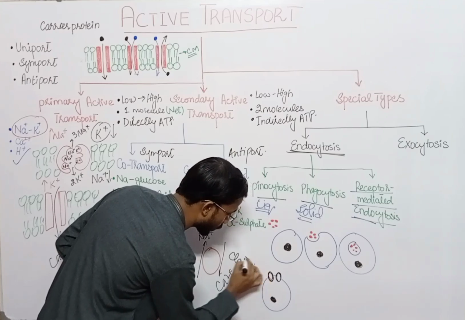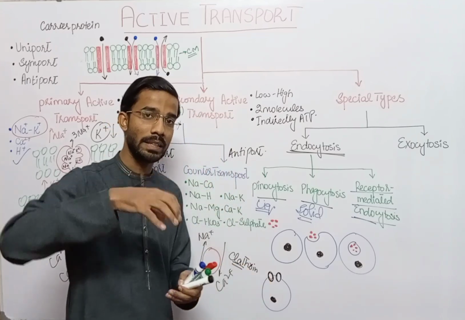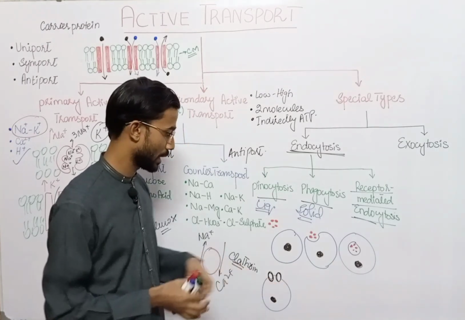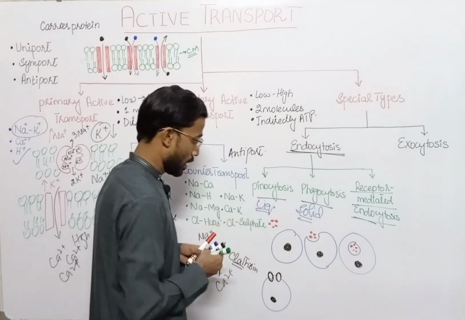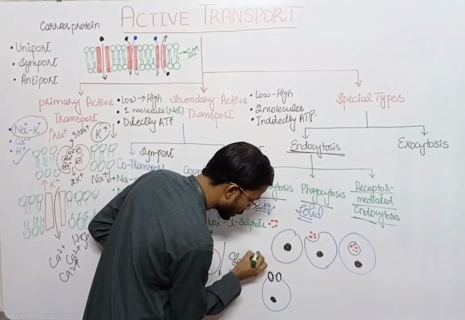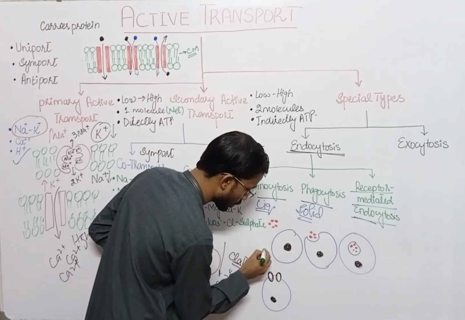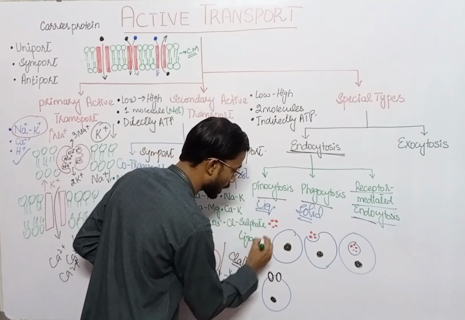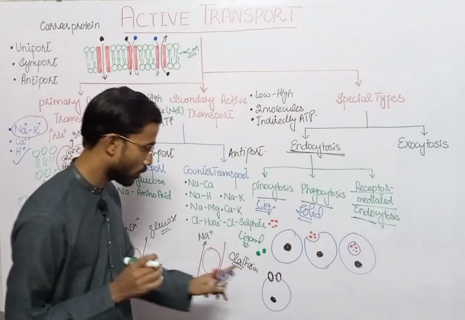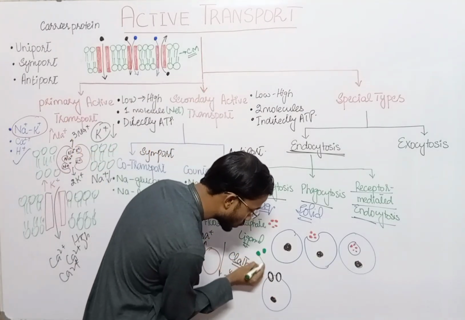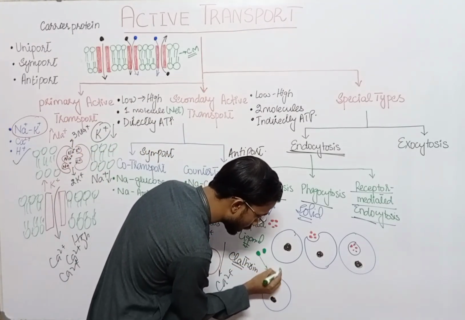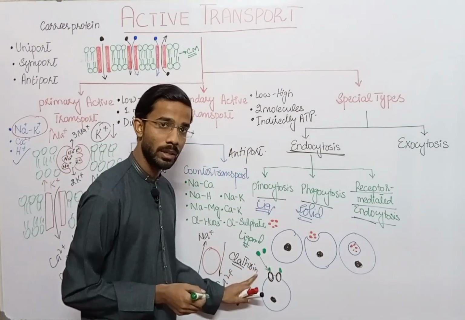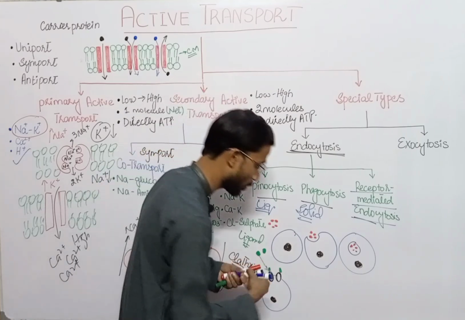Clathrin is a protein which is embedded in the pits of the plasma membrane. The substances which are present outside, let me call these substances ligands, because these are receptors, these ligands will attach to these clathrin receptors, which are proteins.